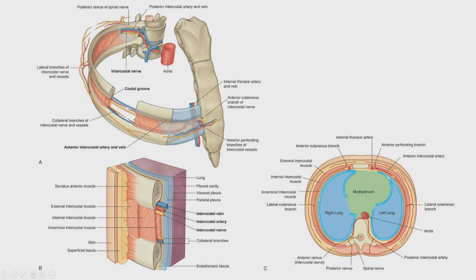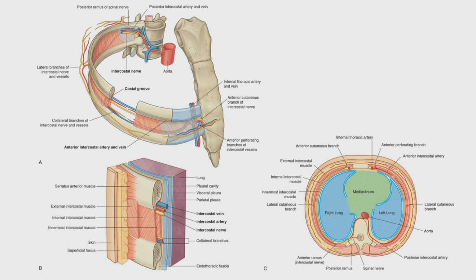In the lateral side, they give the lateral cutaneous branch for the sensory innervation of the lateral part of the trunk, and the supply of the blood vessels. And vice versa, from the anterior side, 1 or 2 centimeters lateral to the margin of the sternum, you see the internal thoracic artery. Do you know the branch of?